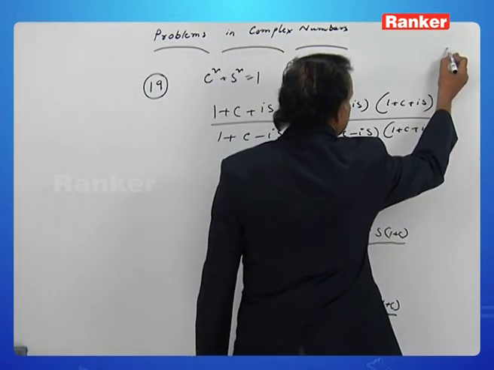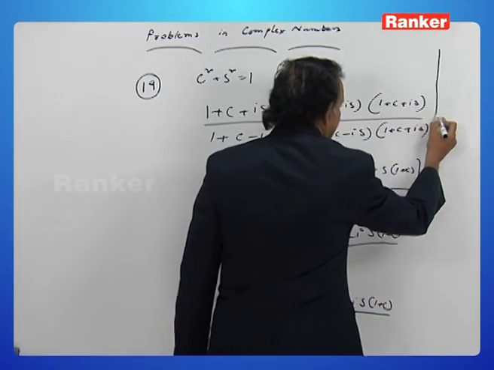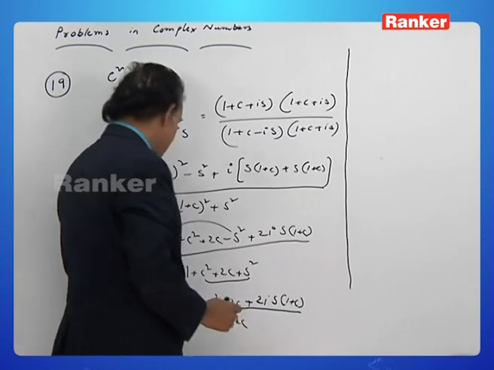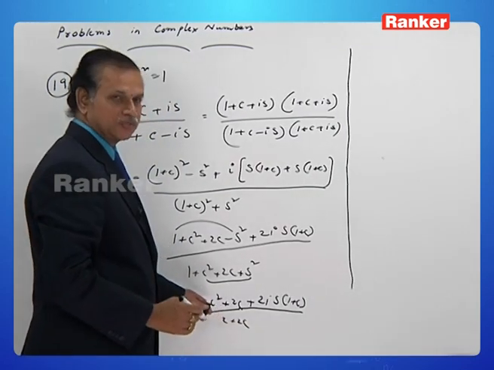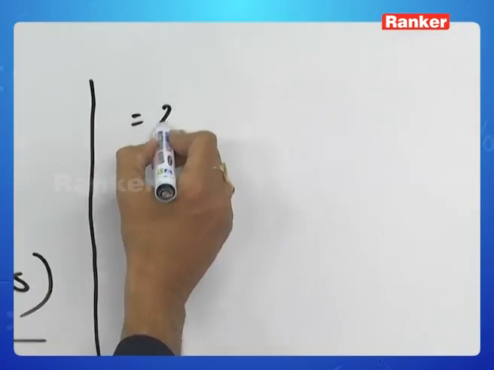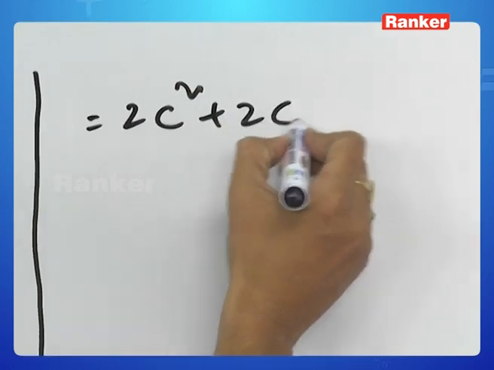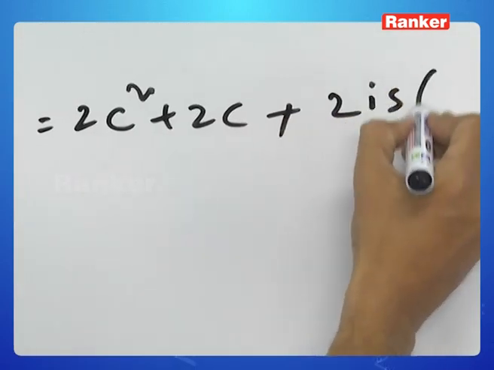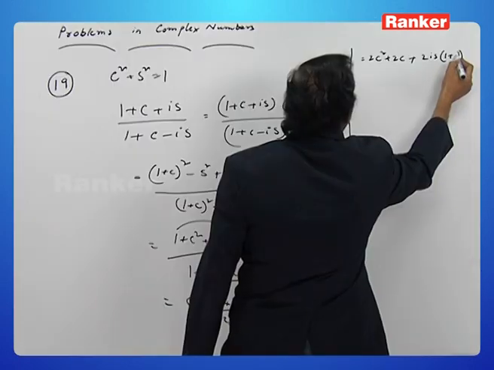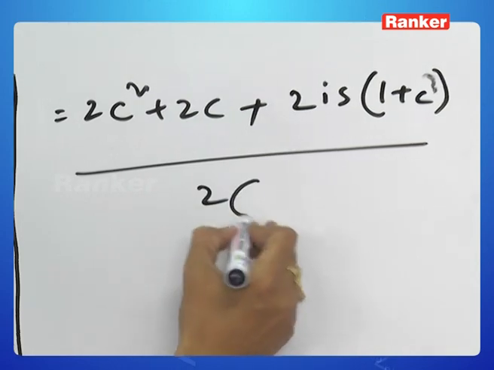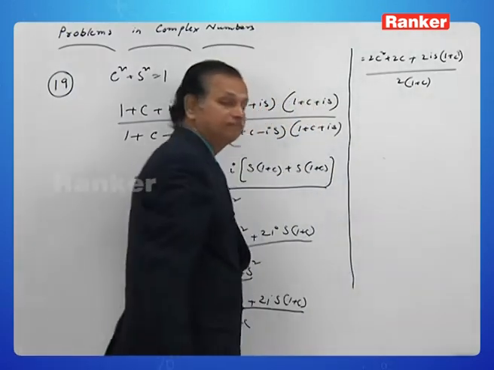Again, let us simplify the numerator still. What is c square plus c square? 2c square. 2c square plus 2c plus 2s into 1 plus c, by 2 into 1 plus c.